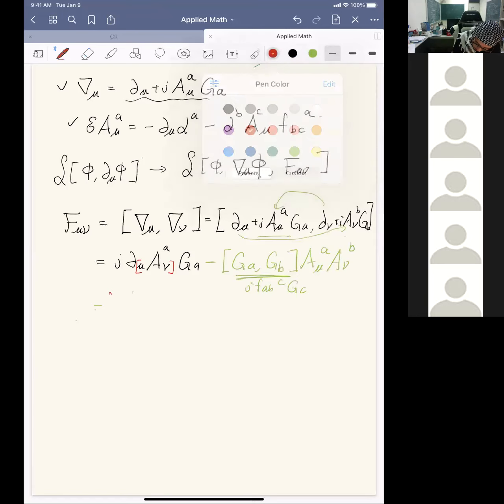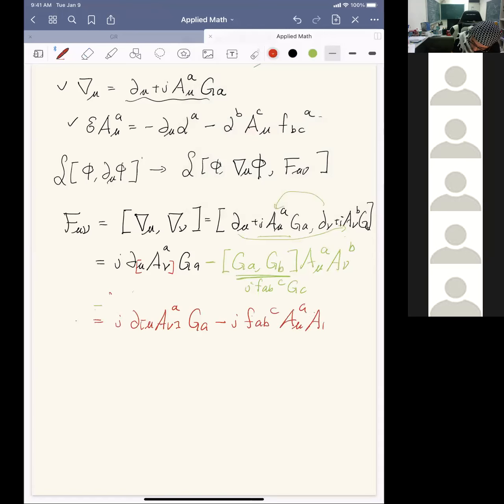So I end up with I partial anti-symmetrized A nu A GA minus I F ABC A mu A A nu B GC.